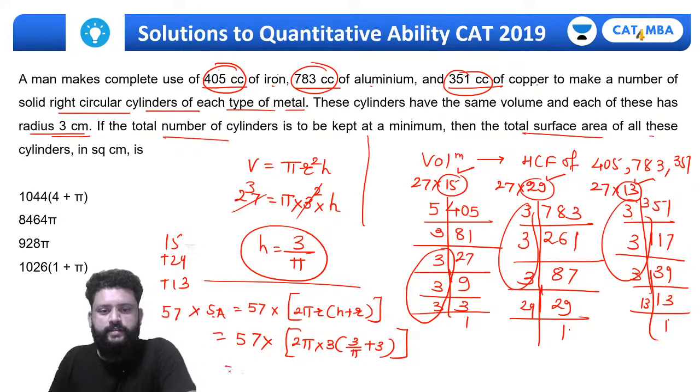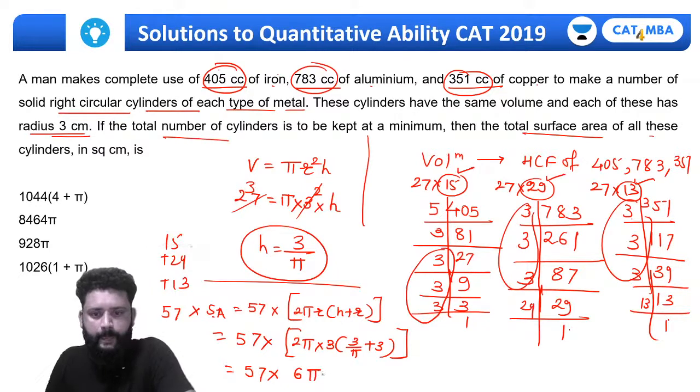So if you solve this, you'll get 57 into 6 pi into 3 by pi plus 3.